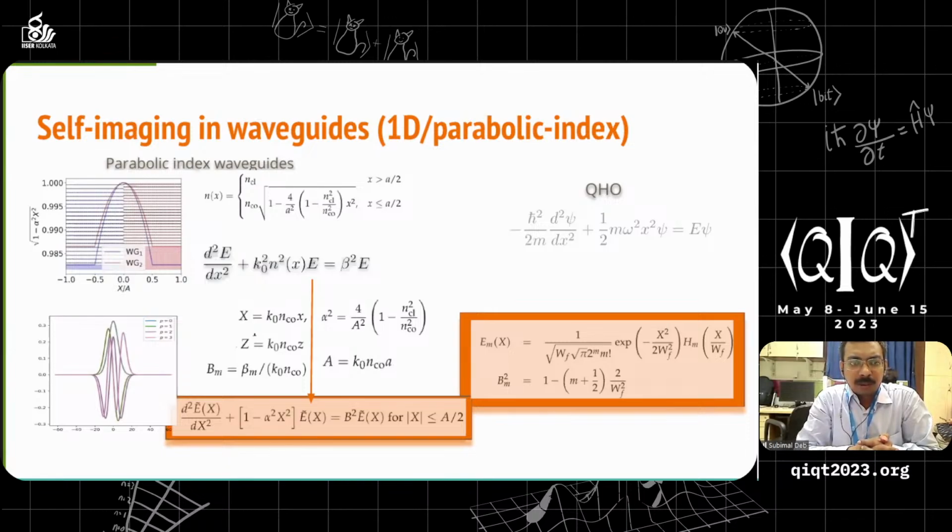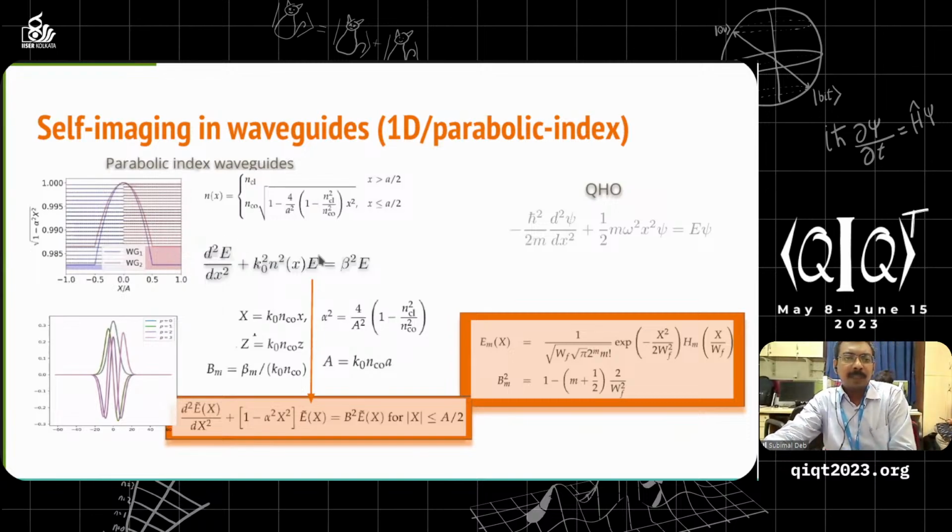By the way, they both have very nice properties. The first one with metallic boundaries makes it easy to fabricate. The second one with the parabolic index profile has a very strong confining property. It doesn't let light leak out from the waveguide very easily.